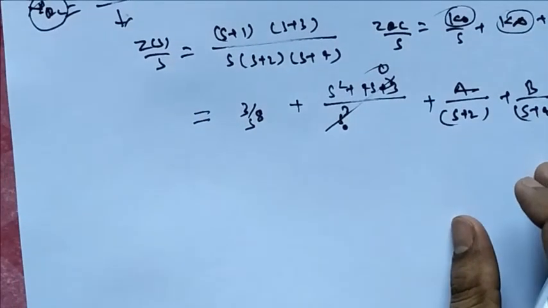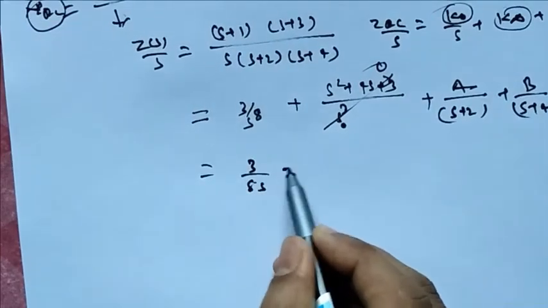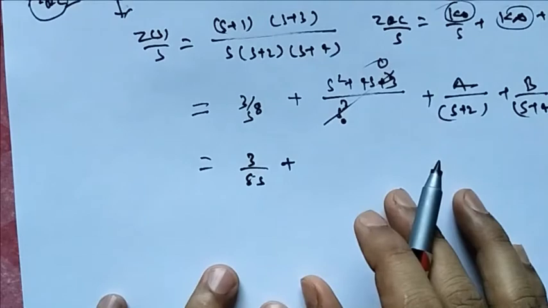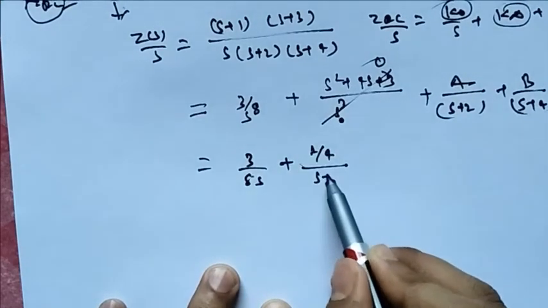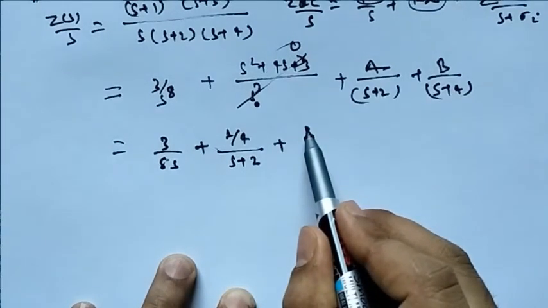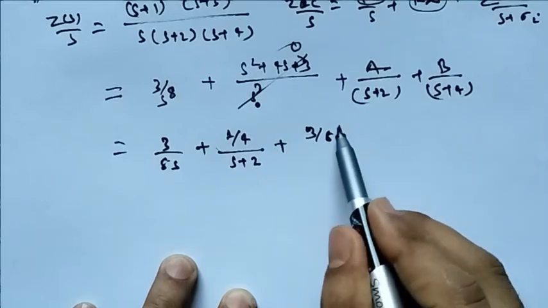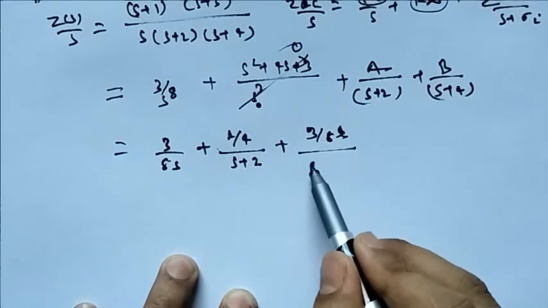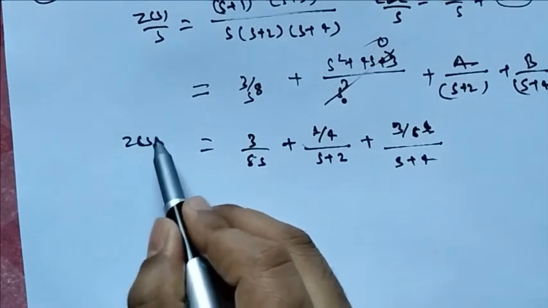Now let me write 3 by 8 S, and we got the value of A as 1 by 4 after doing the partial fraction, over S plus 2, and the B value is 3 by 8 over S plus 4, and this is the ZS by S form.